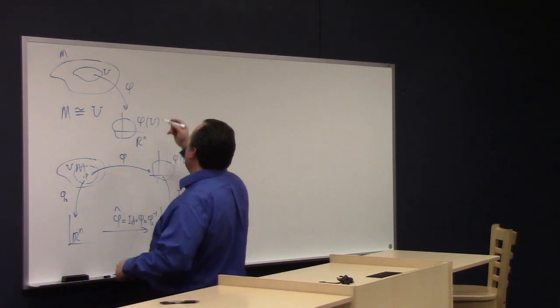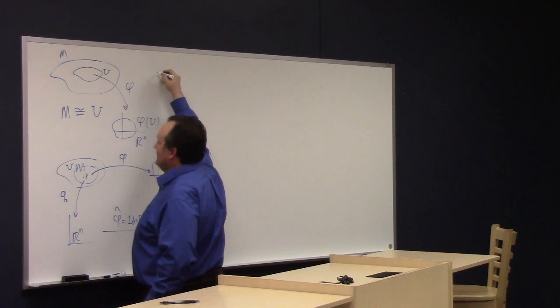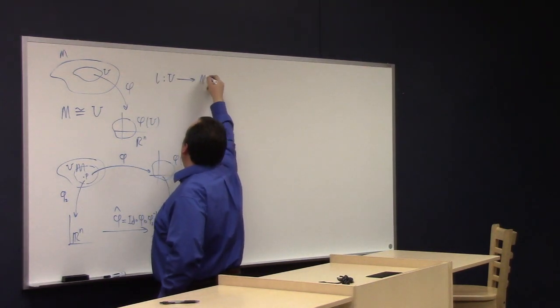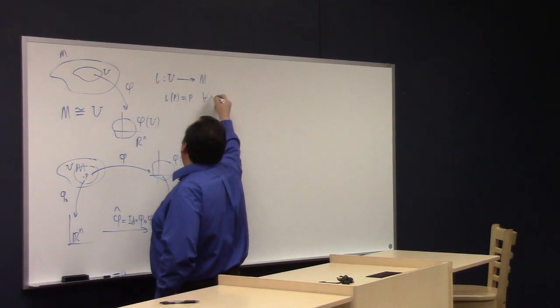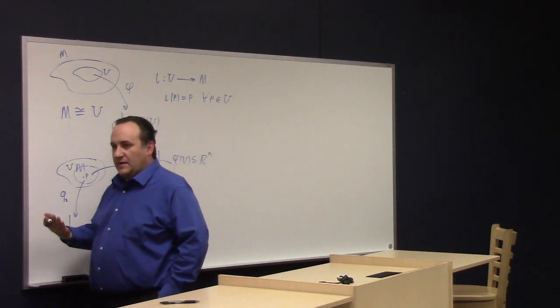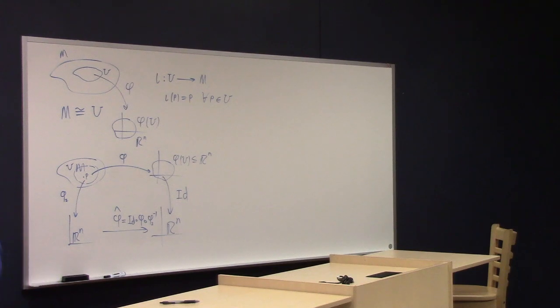I think the way to do it is, and I hate to use this letter again, but this guy. So you can prove that mapping is a diffeomorphism because it's smooth with smooth inverse.